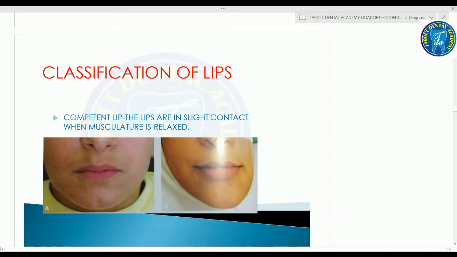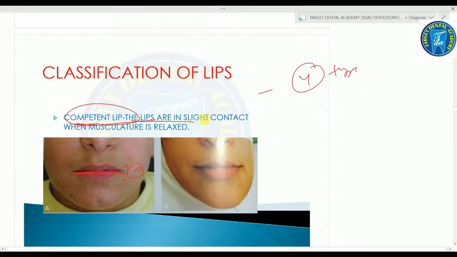Now in this, very important is the examination or the classification of the lips. We have 4 types of lips. First are the competent lips. Competent lips means the patient has a proper lip seal. There will be no interlabial gap when the patient closes the mouth in rest position. Fine.